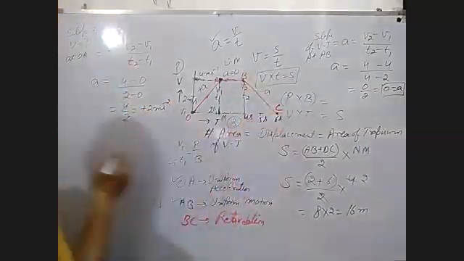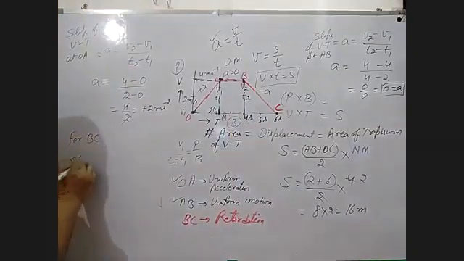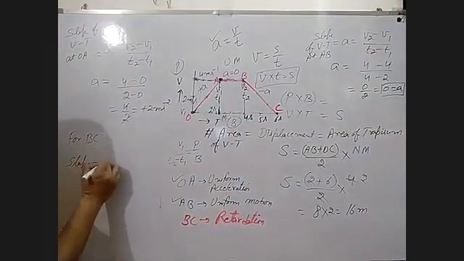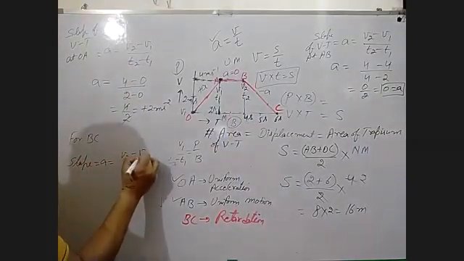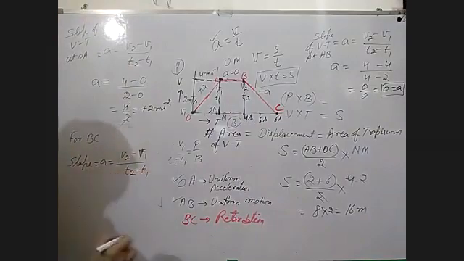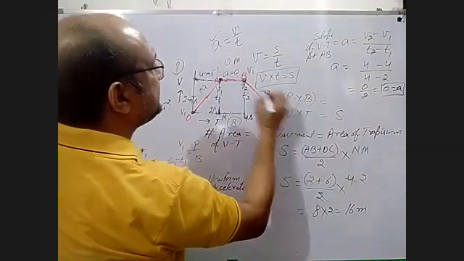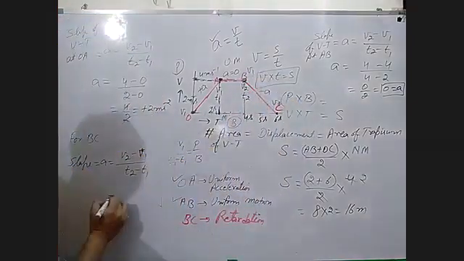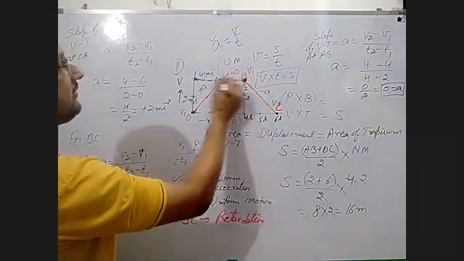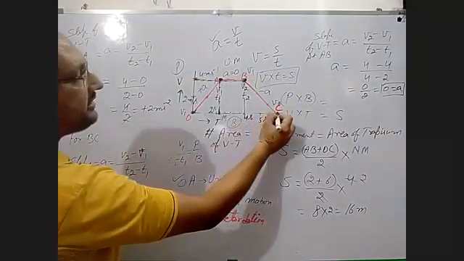Now B to C. For BC, the slope is equal to acceleration, V2 minus V1, final minus initial velocity, upon T2 minus T1. Here the initial velocity is this, final is this. Now what is the value of V1 here? 4, minus... what is the value of V2 here?